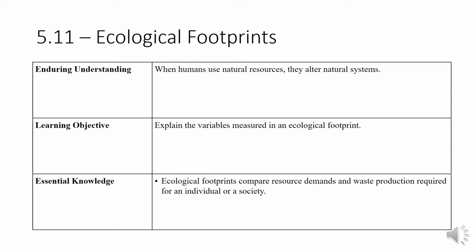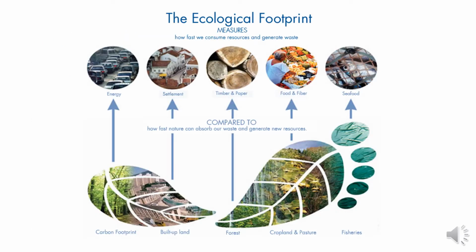But anyway, moving on to topic 5.11, ecological footprint. We did an ecological footprint, and if you remember, it asked you all about your lifestyle and your transportation needs, your house, about products, the resources you use for products, the types of food that you eat, and all different kinds of parts of your lifestyle.